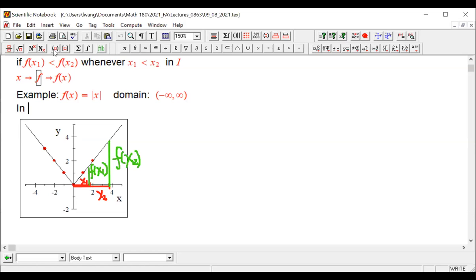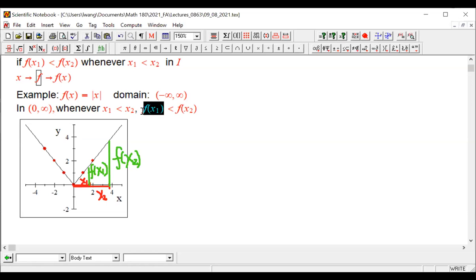In the interval from 0 to infinity, whenever x1 is less than x2, because I already mentioned this interval, I don't need to mention this again, f of x1 is less than f of x2.